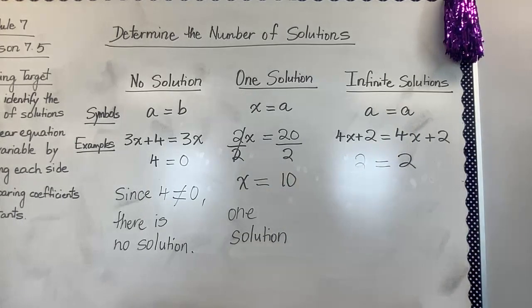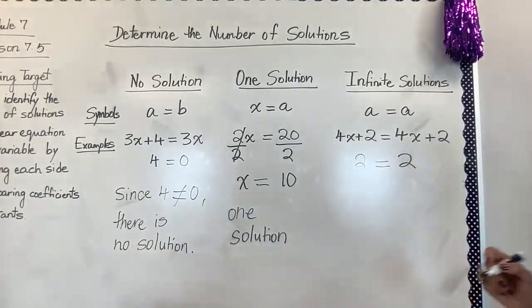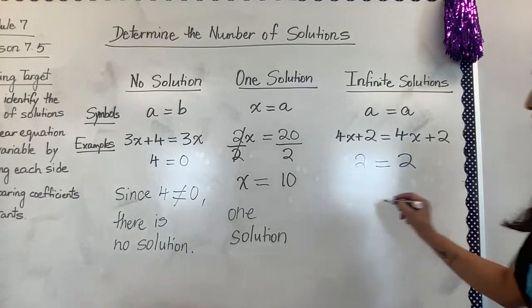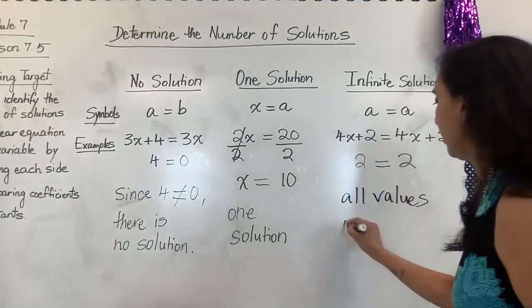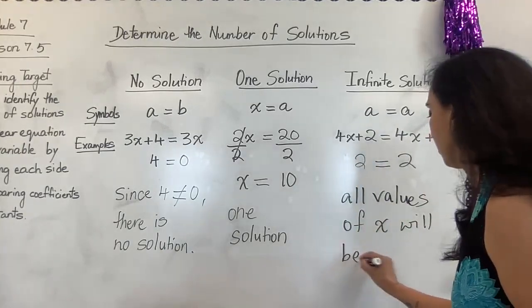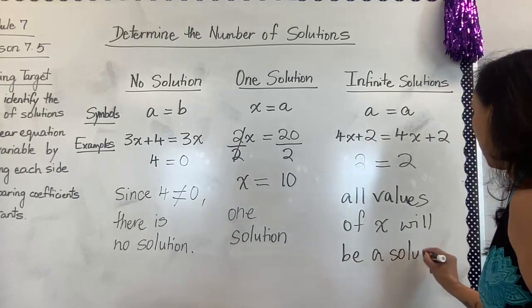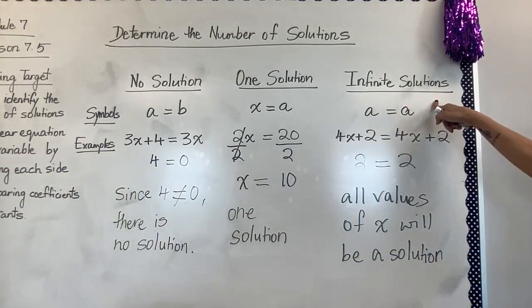Since 2 is equal to 2, any value that I give to x works, so all values of x are going to be solutions. All values of x will be a solution. That is why in this one we have infinite solutions.